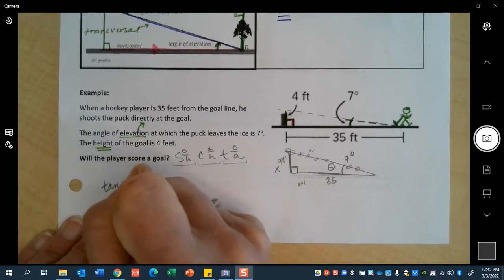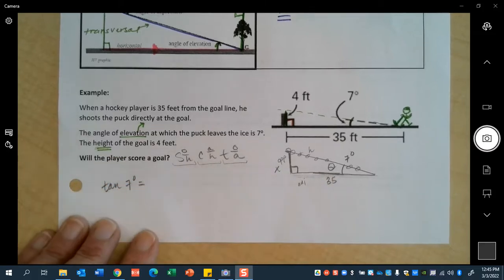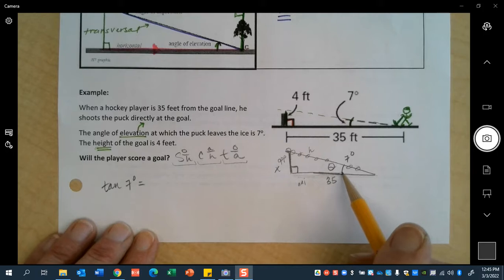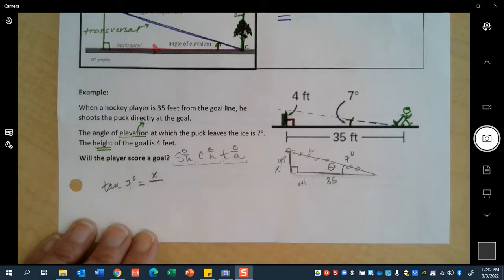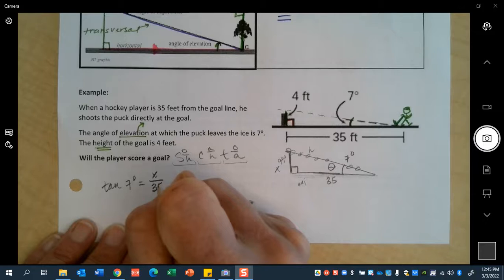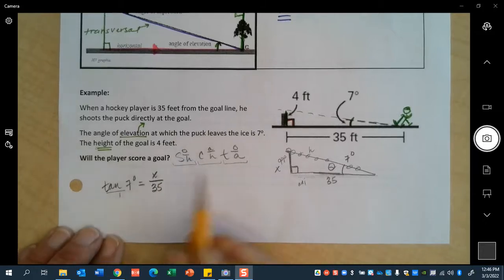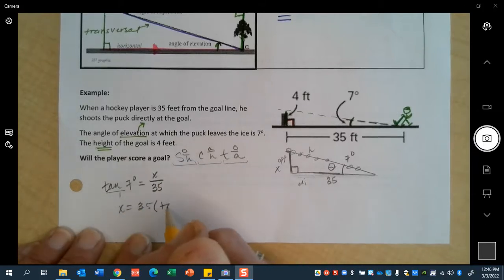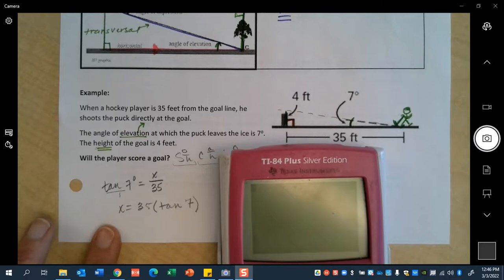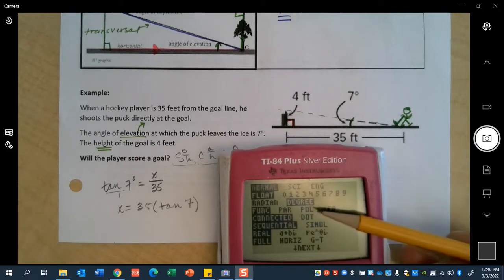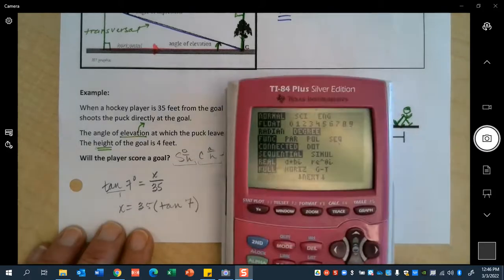So the tangent of 7 degrees is going to be equal to the ratio of my x value over my adjacent side. I'm going to go ahead and do my cross products. X is going to be equal to 35 times the tangent of 7. I'm going to get my calculator. I'm going to check that I'm in the right mode. Am I good? Yes. Okay.